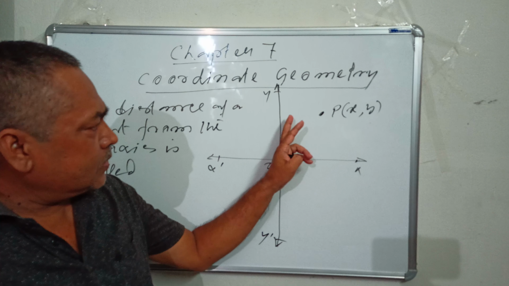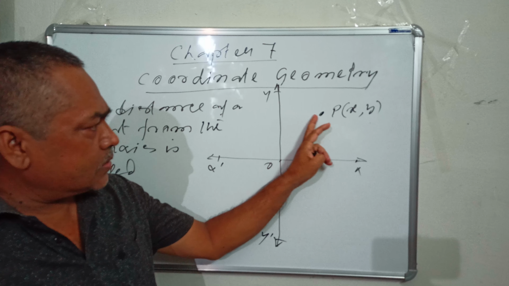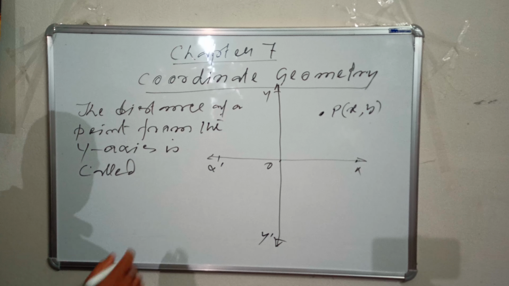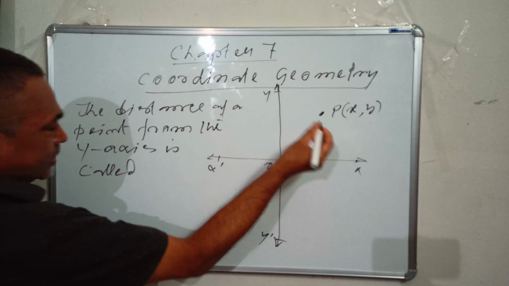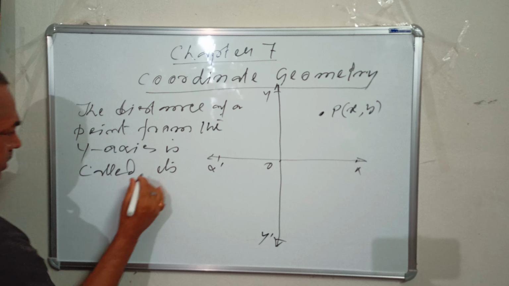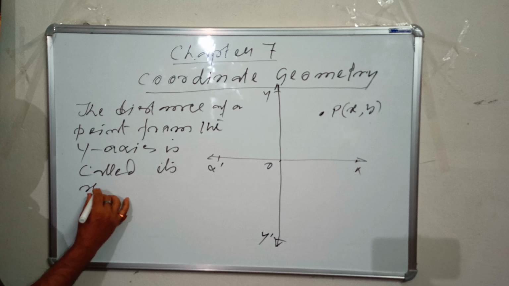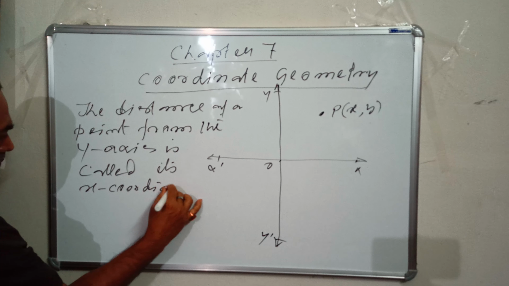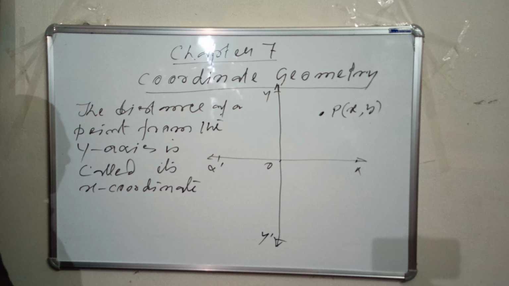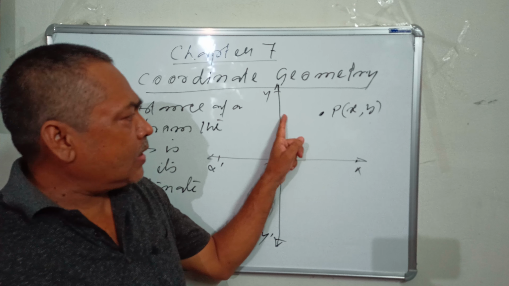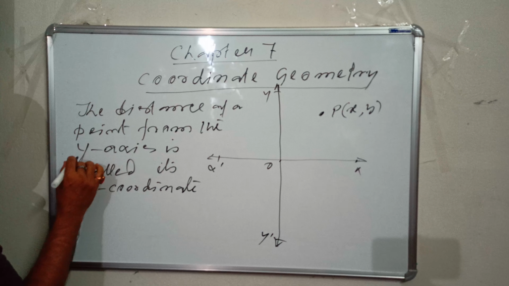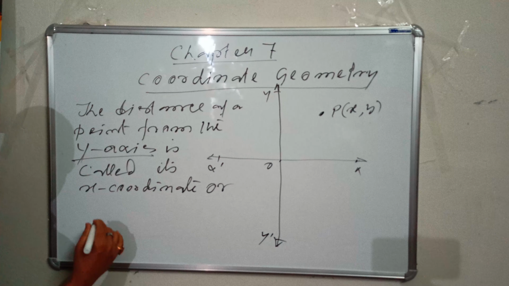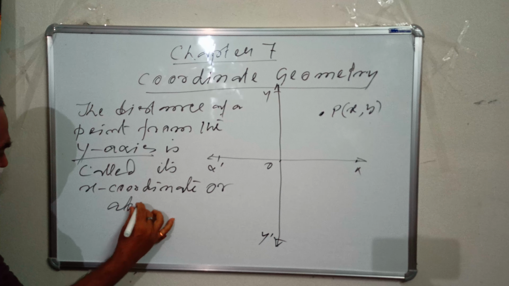This is the point, this distance is called its x coordinate. The distance of a point from the y-axis is called the x coordinate, or it has another name, abscissa.